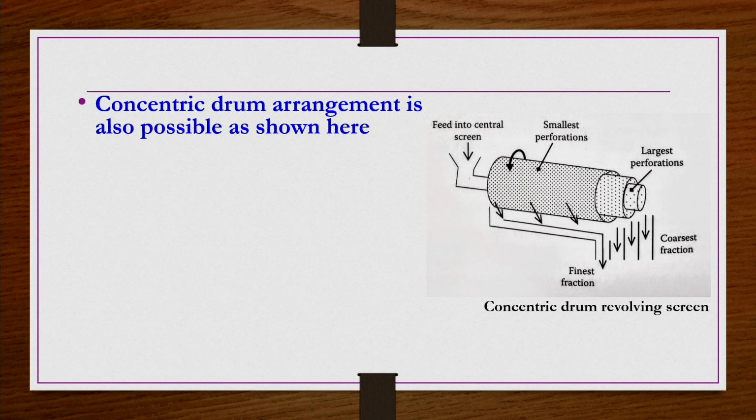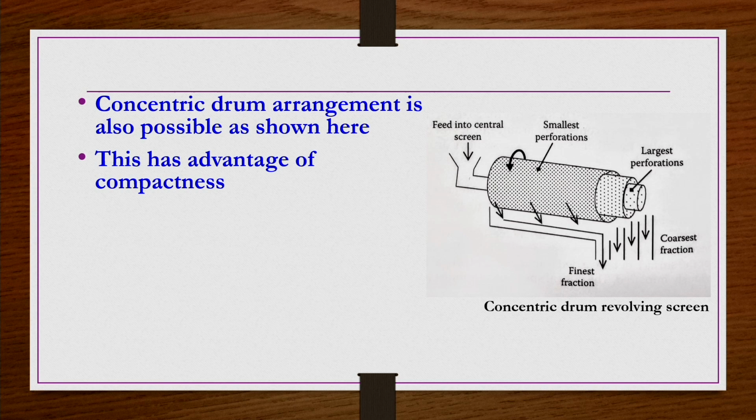So, we have a concentric arrangement of drums, one into the other. The advantage of this particular design is compactness, but the problem is that the concentric arrangement is made in such a way that the largest opening drum is at the center, and the smallest opening drum is at the outer surface.